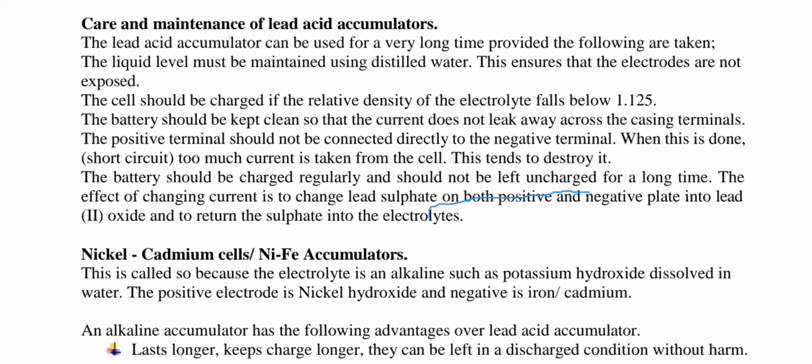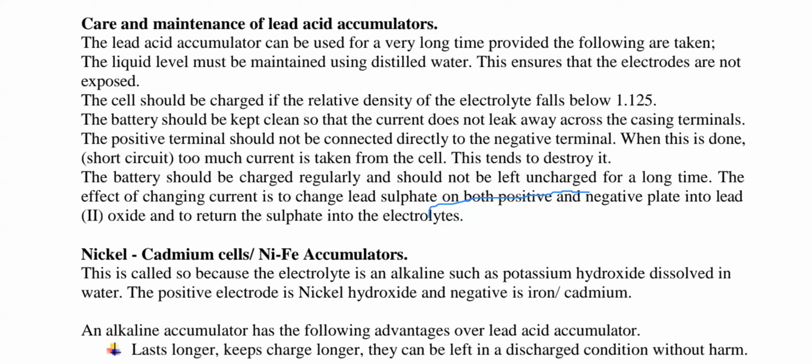Now, if we talk about the nickel-cadmium cells, sometimes you can say the nickel iron accumulators. The electrolyte that these cells use is an alkaline. This time we are not using acid. When I talk about an alkaline, I mean potassium hydroxide, sodium hydroxide, sodium peroxide.